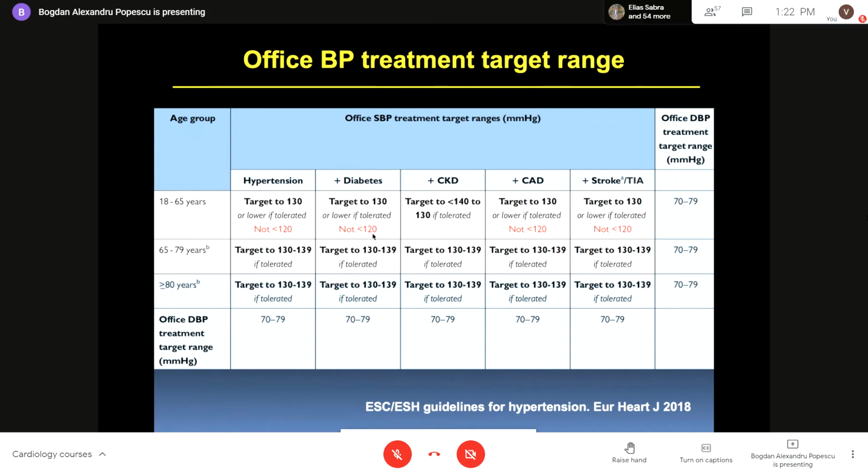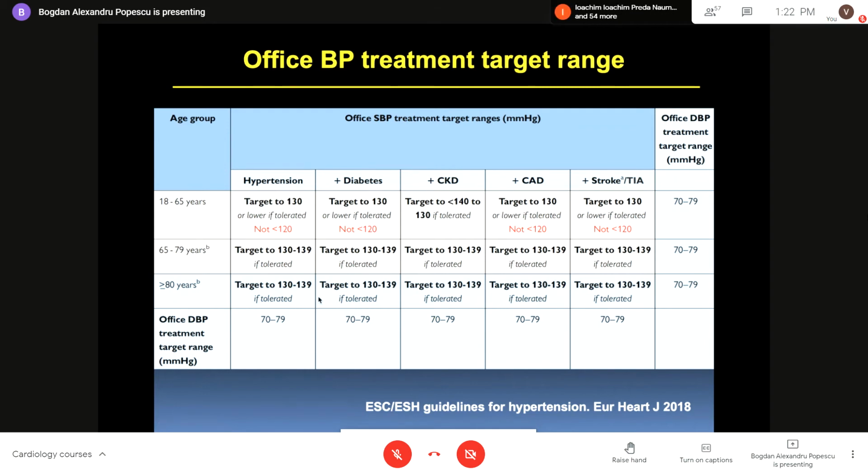You wish to reduce it to a normal range, sometimes even lower. However, as you see here, especially in young and active people, you don't want to reduce it extremely low. And then also in elderly above 80, you usually target the high normal. You don't need to bring them very low.